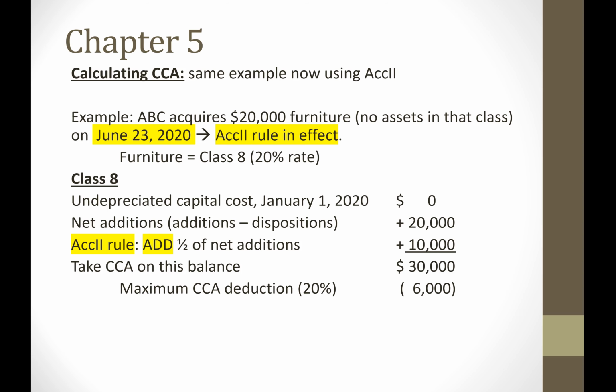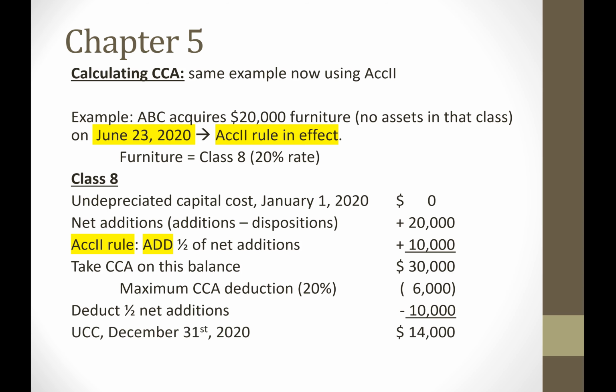Now, before we close off the year, that $10,000 that we added above, we now have to remove that before we close off the year, and that's going to give us an undepreciated capital cost of $14,000. If you think about it, we bought the furniture for $20,000. We took CCA of 6, and so going into next year, that's going to leave a balance of $14,000, and that's the balance that we have at the bottom of the slide here. So that's how the accelerated investment incentive works.